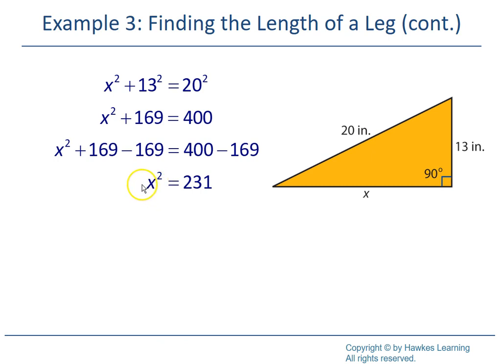Well, we're going to take the square root of x squared to get x, and then the square root of 231 that we put in your calculator. And when you do so, rounding it to 2 decimal places, you get this. Now, this is the exact answer, but when we approximate by rounding off, we use the wavy equal sign, which is the approximate sign.